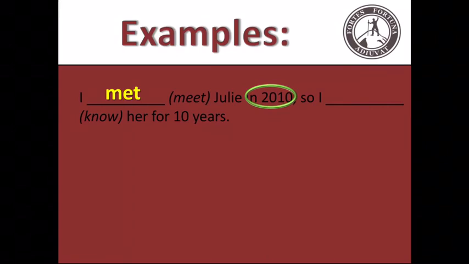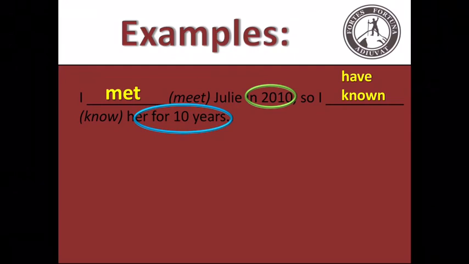And in the second section, we have a duration of time, for 10 years. As we saw in the table earlier, for relates to the present perfect. So we're going to use the auxiliary have before our verb in past participle. Have known. I met Julie in 2010, so I have known her for 10 years.